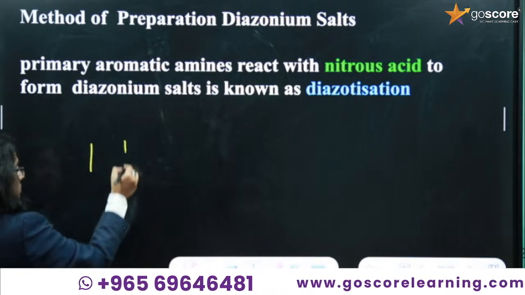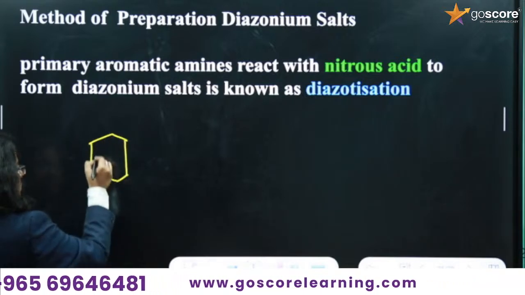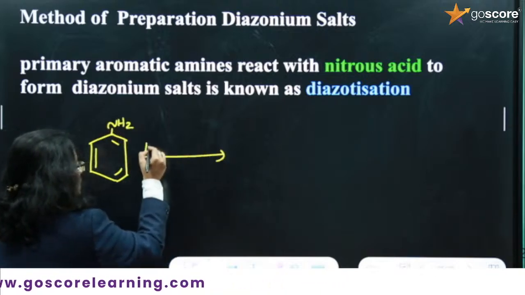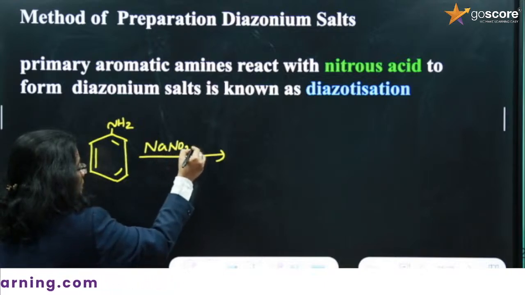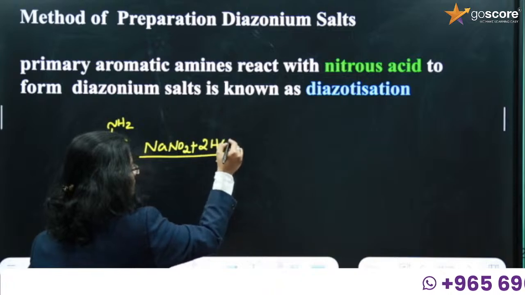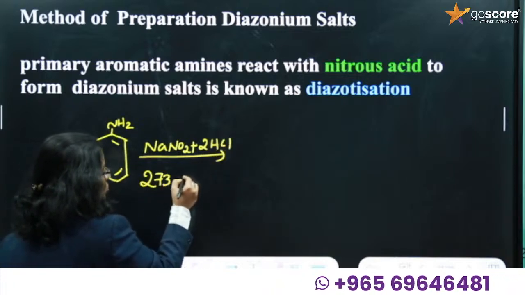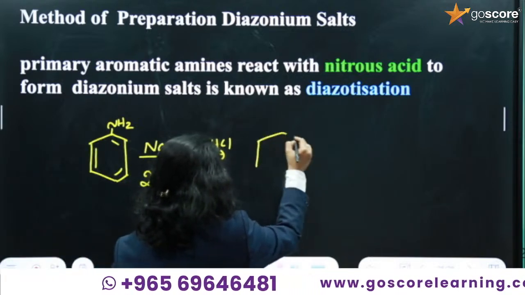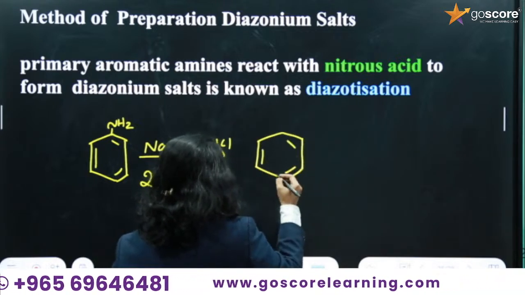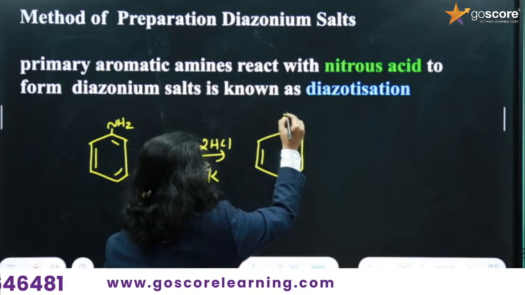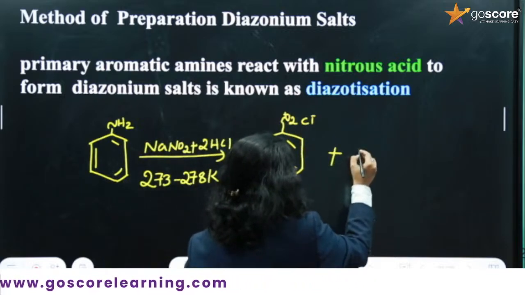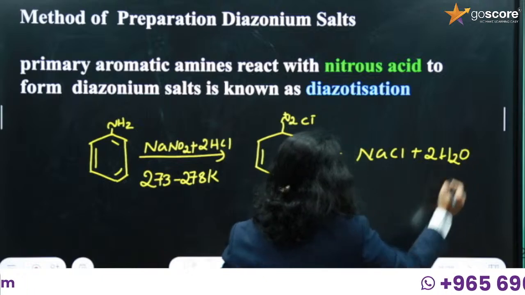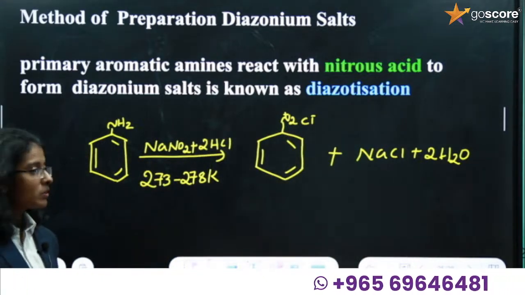So here, aniline on reacting with nitrous acid, that is NaNO2 plus HCl at 273 to 278 Kelvin, you will get benzene diazonium chloride plus NaCl plus 2H2O.